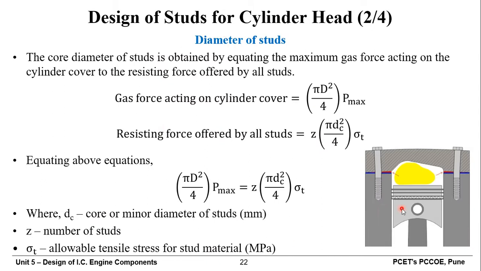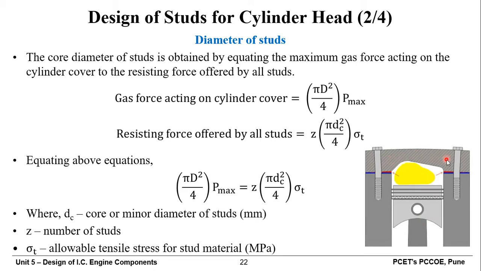Second, diameter of studs. So here in the figure you can see that when combustion takes place inside the cylinder, internally a huge amount of pressure is created, and that pressure exerts a force on the cylinder head and on the piston as well.